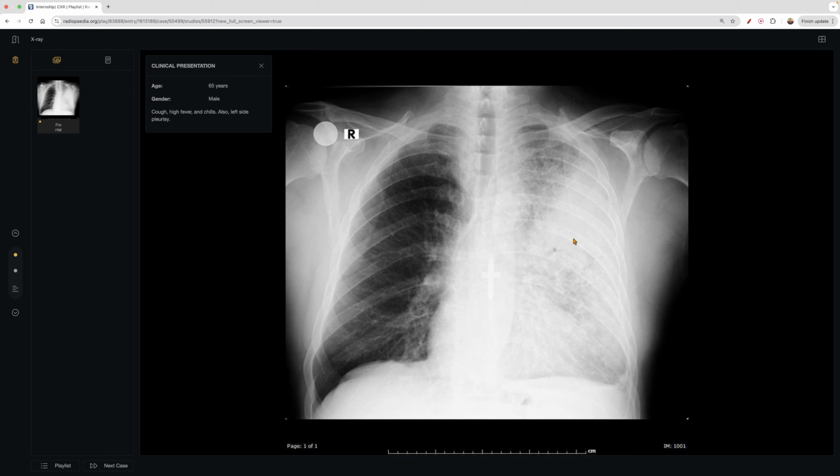Alrighty, and so then what about this patient, right? We look at this patient and we see that the entire left side of the lung is just full of something, right? It looks like it's full of something, but is it? Because we can see the left diaphragm.